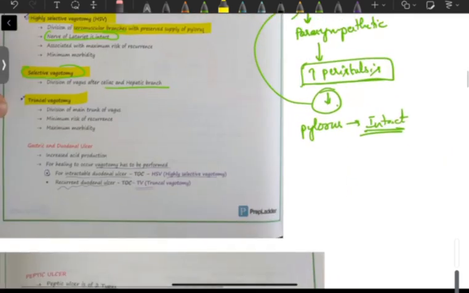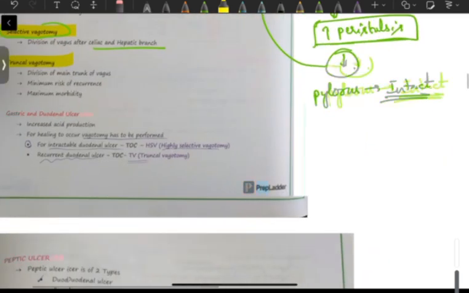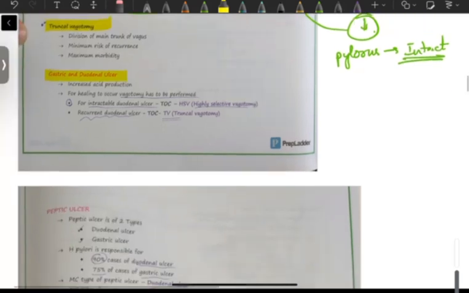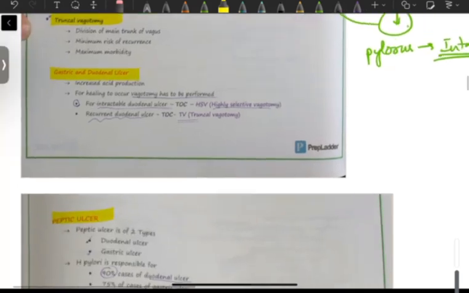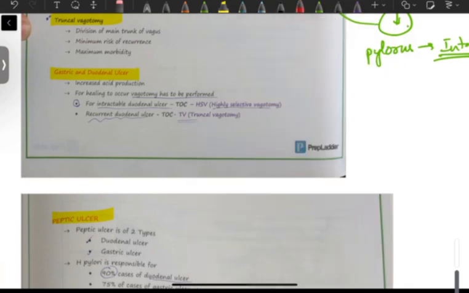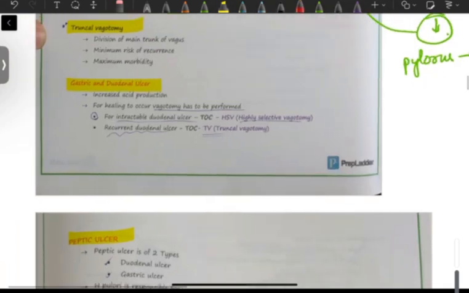Now we'll start with proper pathologies of the stomach, that is gastric and duodenal ulcer, which in turn can be called peptic ulcer. So why do gastric and duodenal ulcers occur? Because of increased acid production, HCl. For healing to occur, vagotomy has to be performed. Maybe this can be said as why we studied vagotomy.